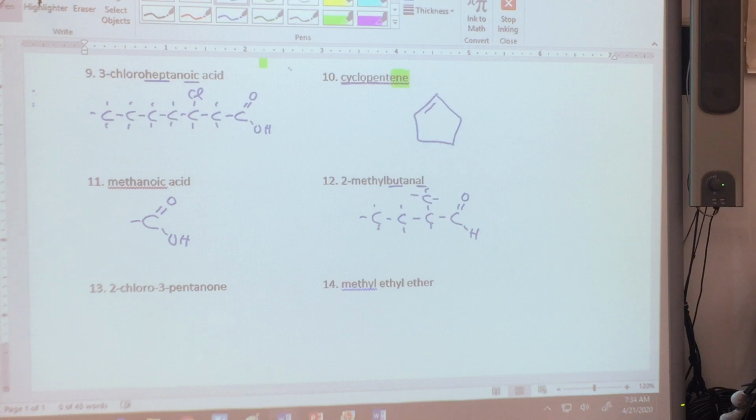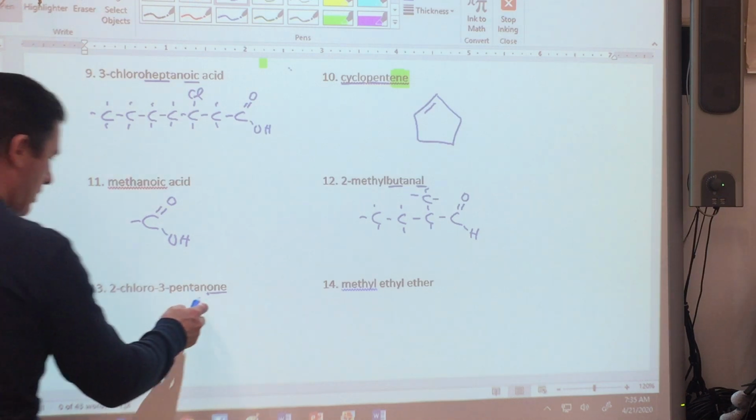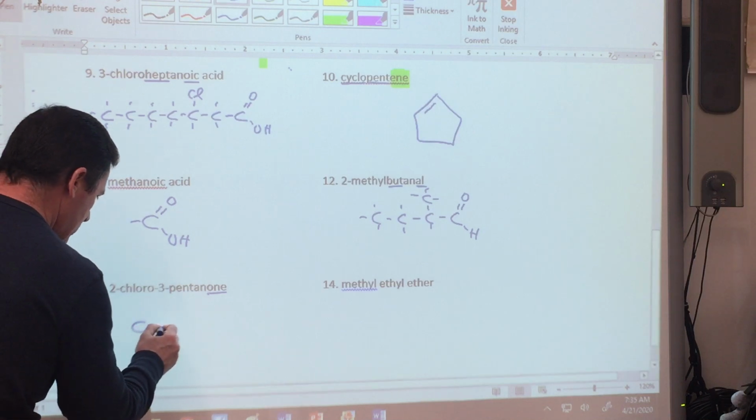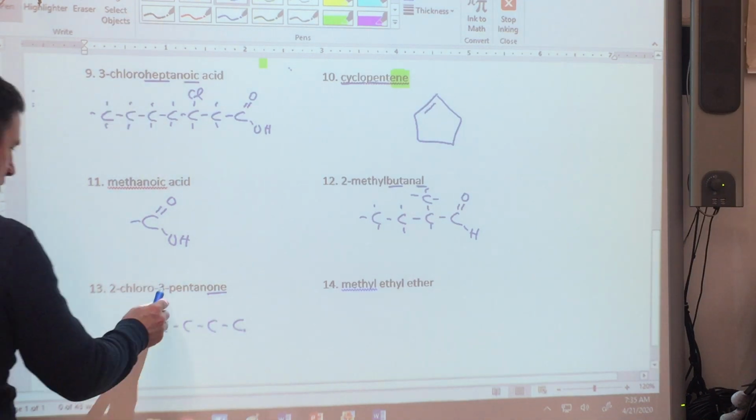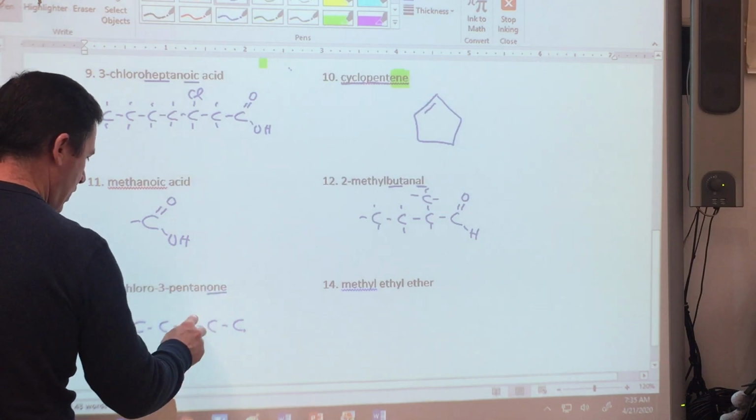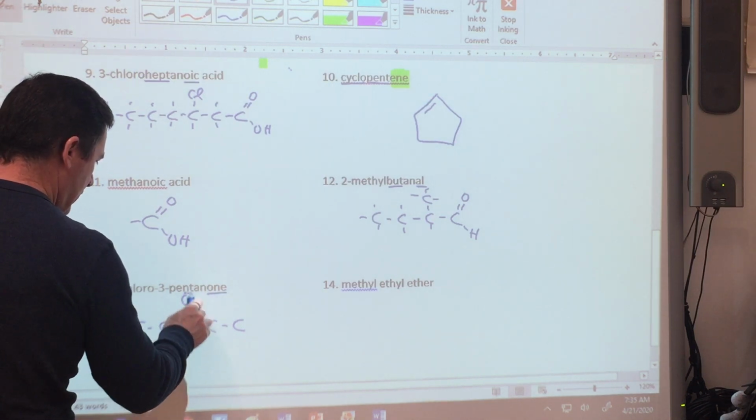Number 13, 2-chloro-3-pentanone. The one tells me that it's a ketone, and a ketone has a carbonyl group in the middle somewhere. The pent tells me there are 5 carbons: 1, 2, 3, 4, 5. The 3 tells me that's where the carbonyl group is.